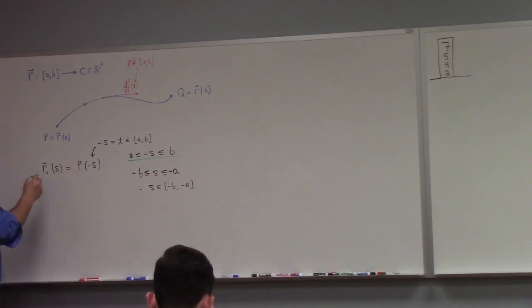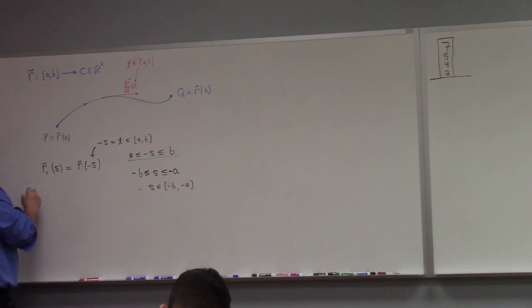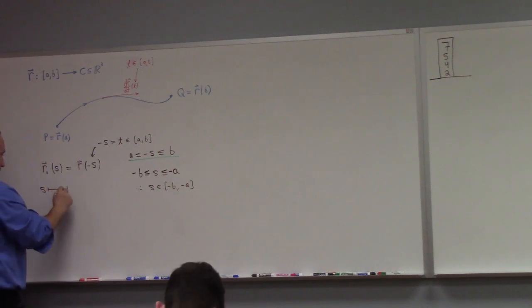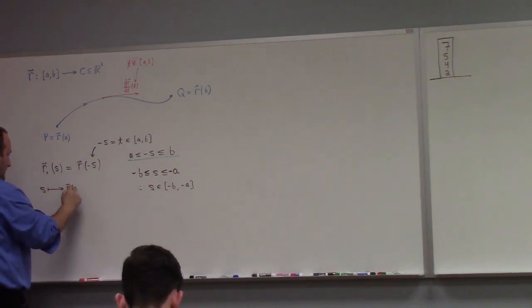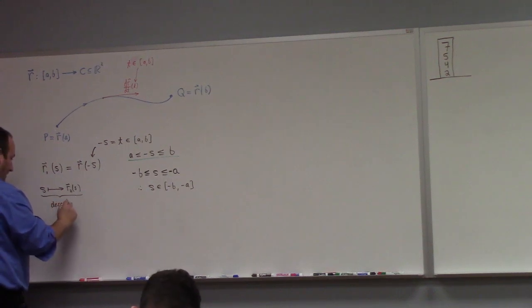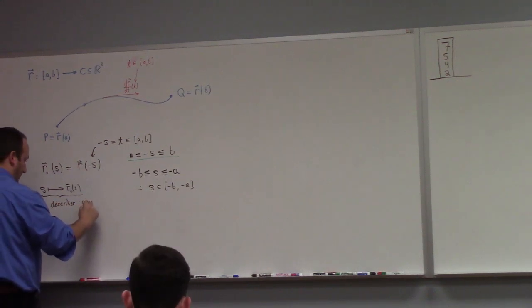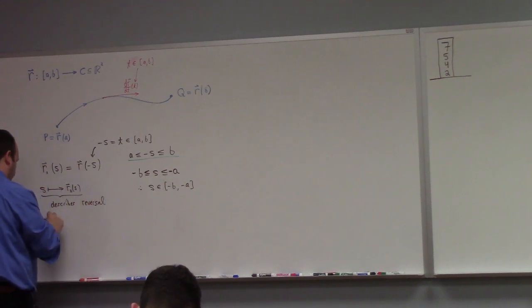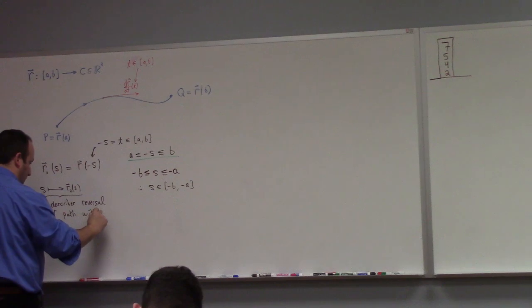So what I'm trying to explain here is that the map s to r2 of s describes the reversal of the path with new domain.